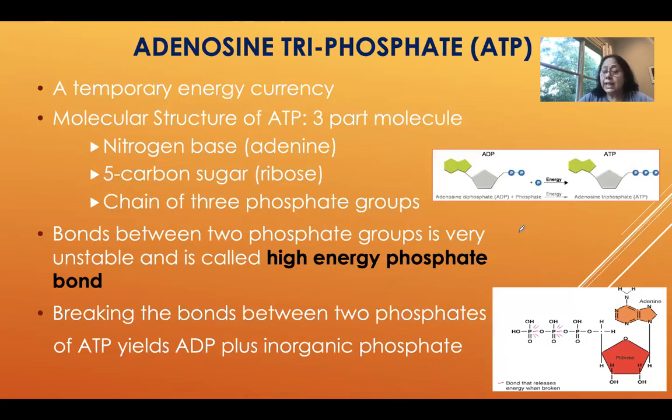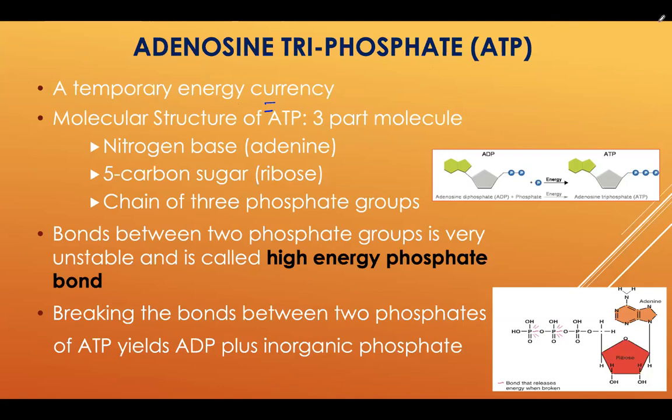Adenosine triphosphate: on the first day when I talked about metabolism, I mentioned it. ATP, or adenosine triphosphate, is the energy currency of the cell. If you go to a shop to buy something, you have to give money.